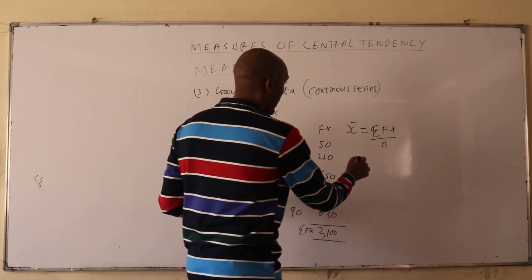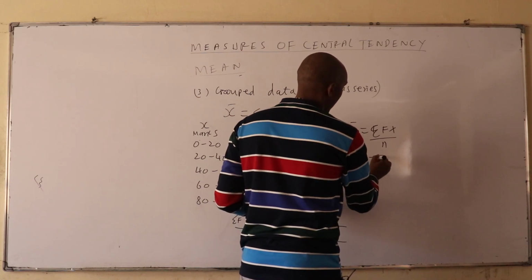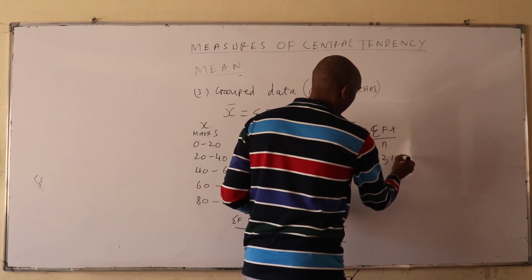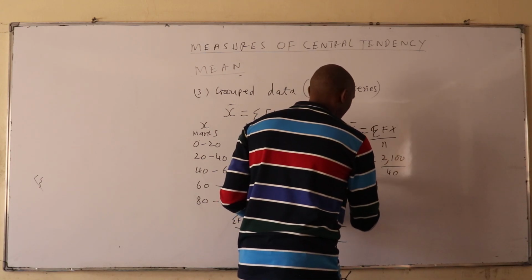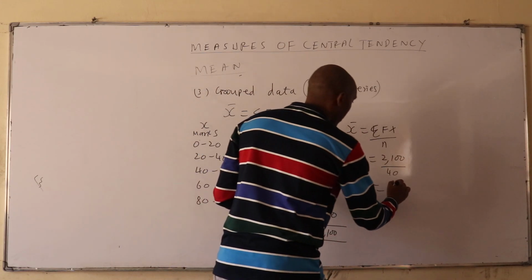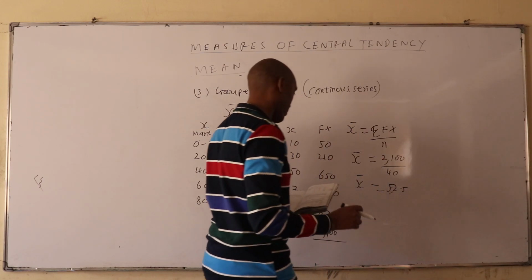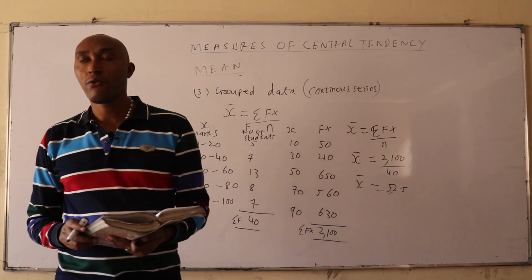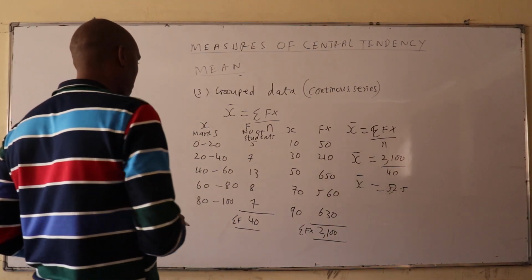So the mean is 2100 divided by n, which is 40. So our mean is equal to 52.5. So 52.5 is our answer. That's what we were looking for.